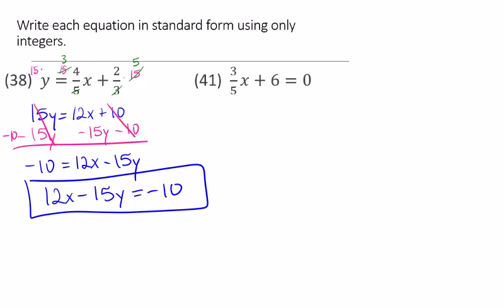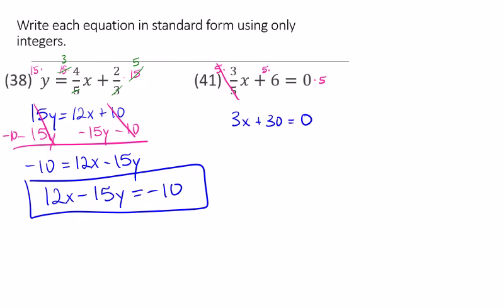41. Similar idea, we can multiply by the common denominator, which is 5. So we end up with 3x plus 30 equals 0 times 5 is 0. So this time we don't have a y, right? So that means b is going to be 0.